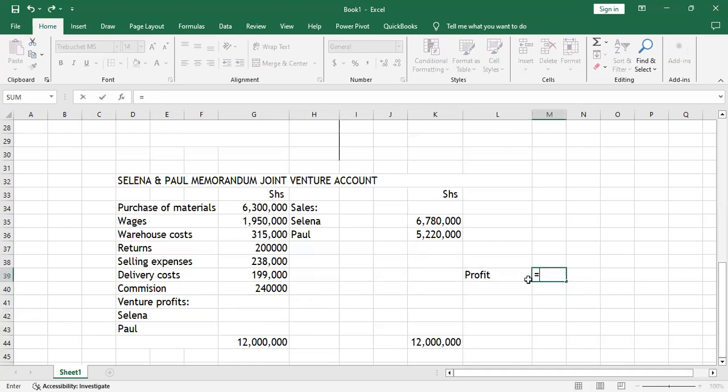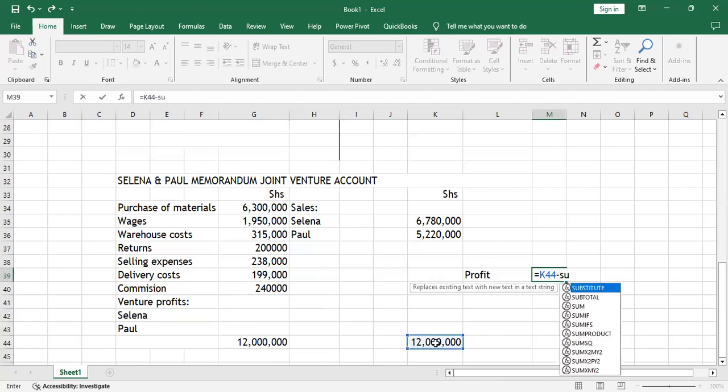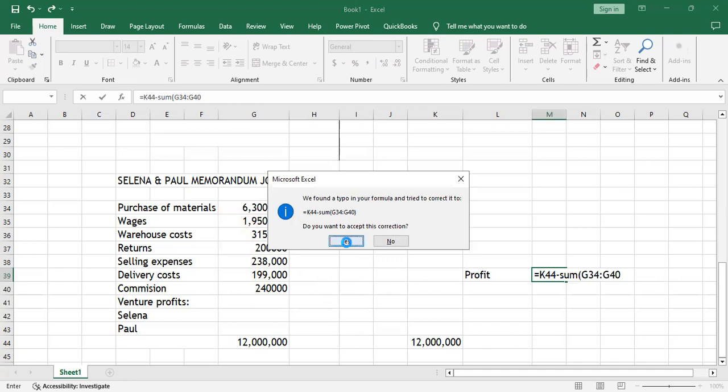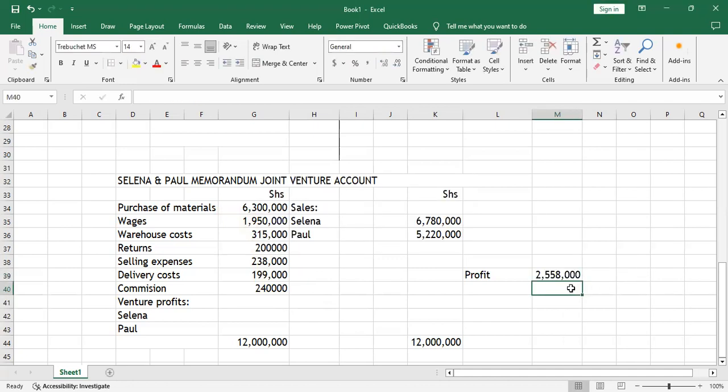So that profit will equal the sales minus the sum of these expenses. So our profit is 2,558,000. That is the profit. So the profit has to be shared.